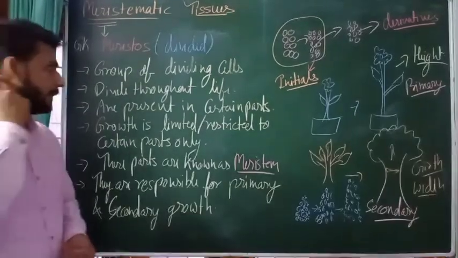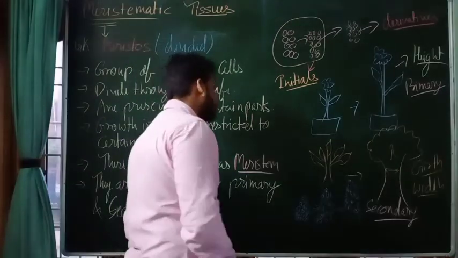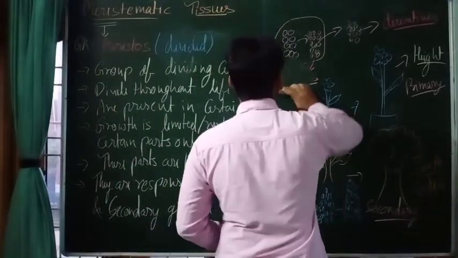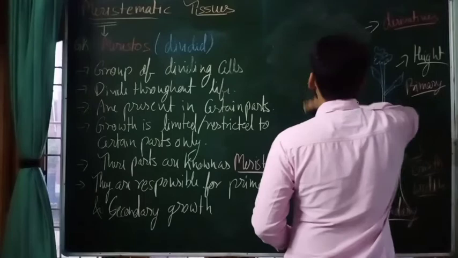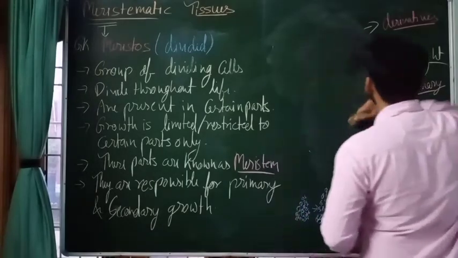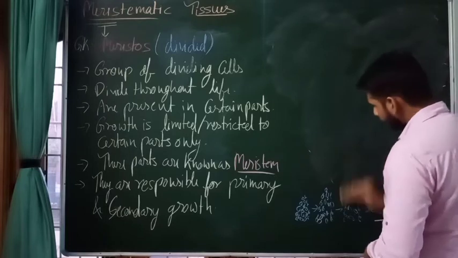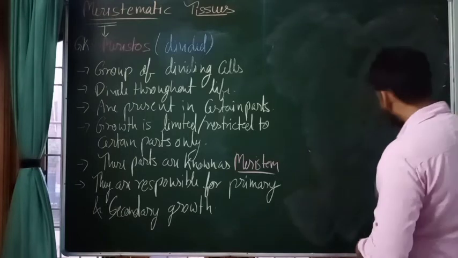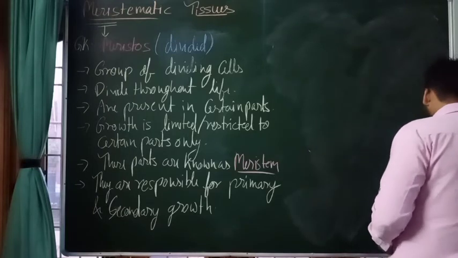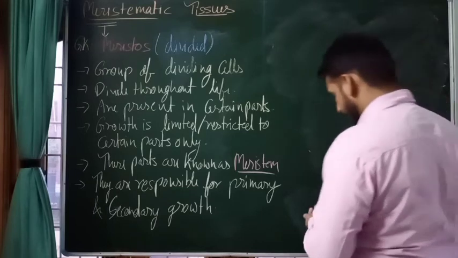Now, we can study their characteristics. So, what are the characteristics of the meristematic tissues? If we are talking about the characteristics of the meristematic tissues, we can say they have small cells.